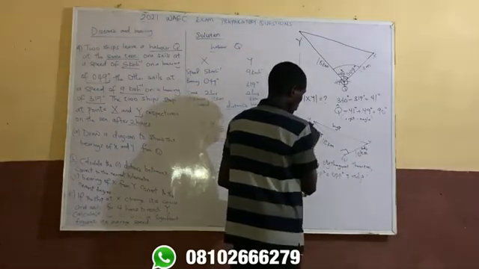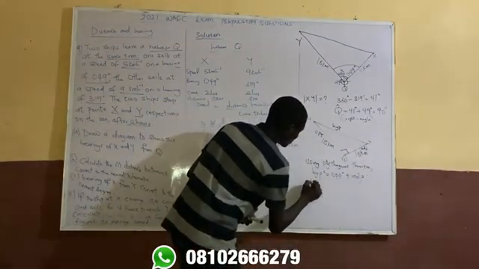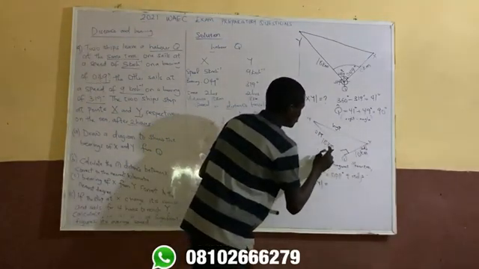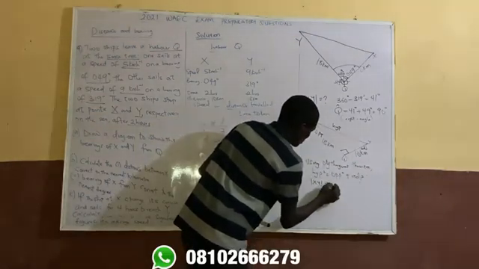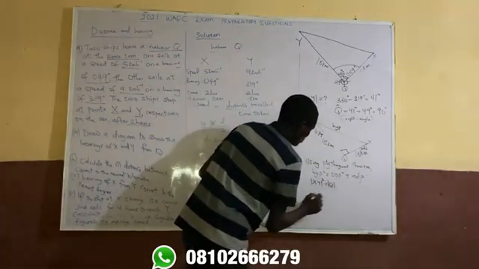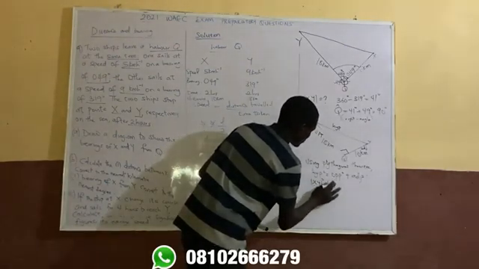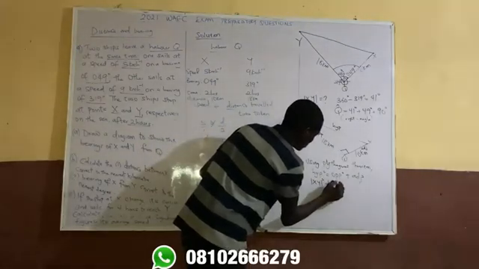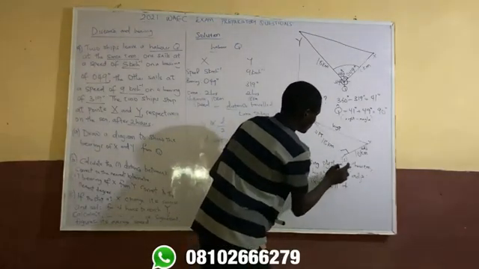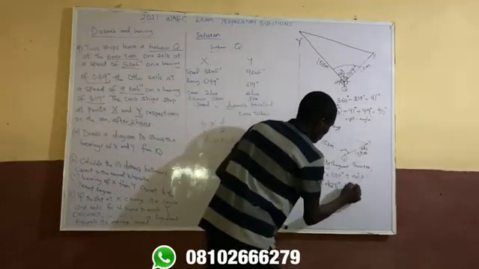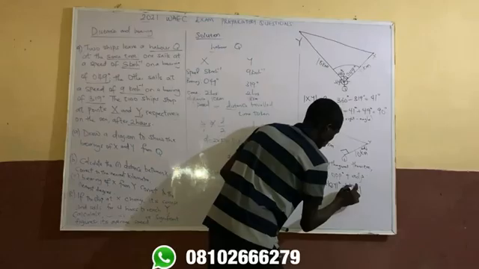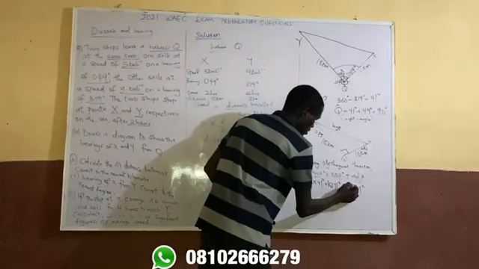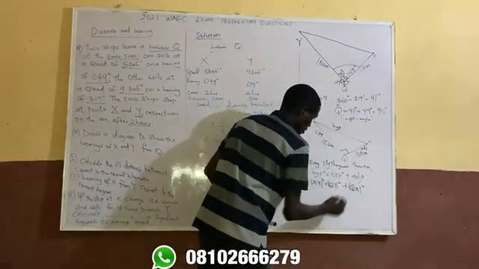So in other words, line XY, which is our hypotenuse, is equal to the opposite, line QY, squared, plus QX squared.